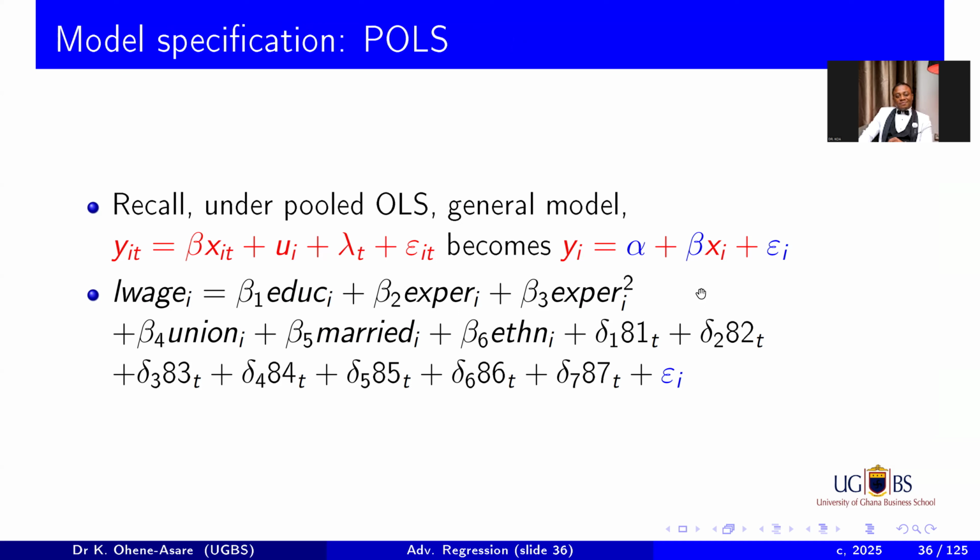Specification of models is very important. What have you observed? What do you observe here? First thing you should observe is that there is no something. You can tell me. There is no beta naught.